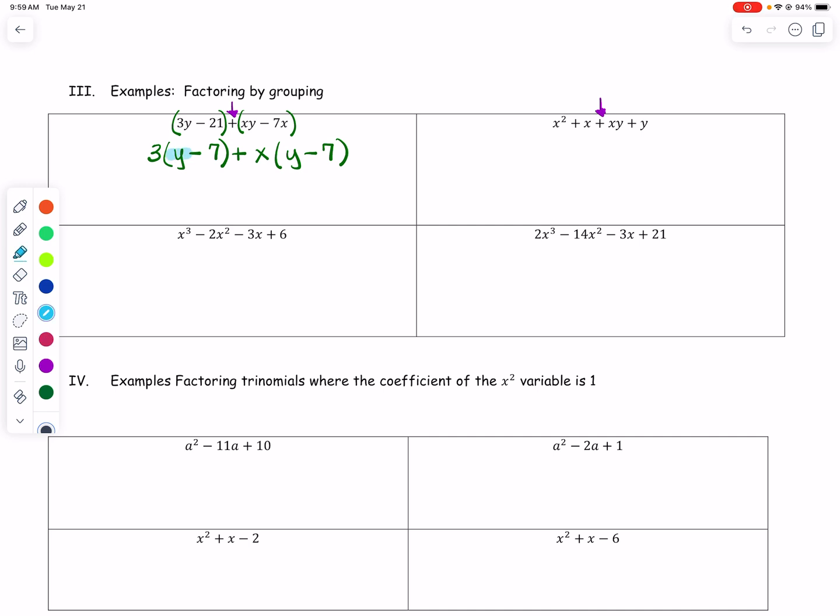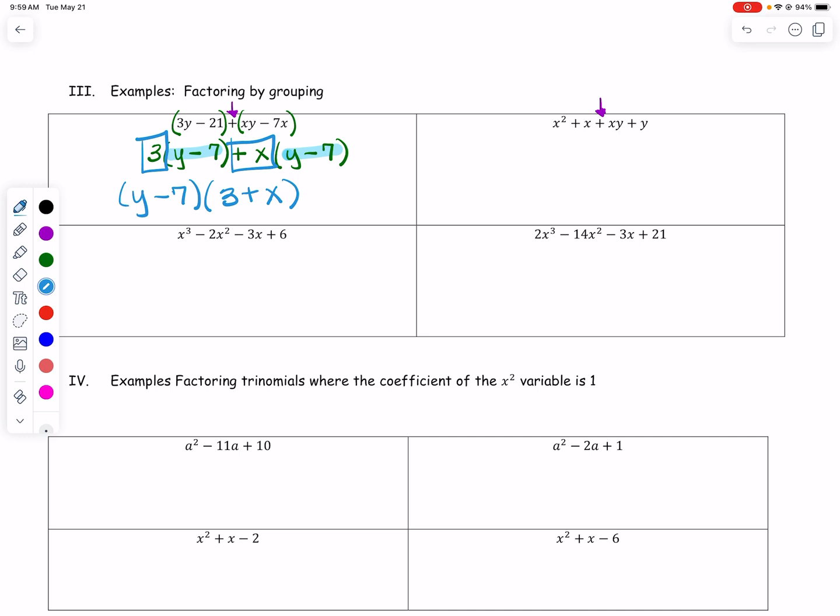And so now I have a new GCF, and that GCF happens to be y minus 7, which I'm going to write first. I'm going to factor out my GCF, and then my other factor is created by what's in front of the parentheses.